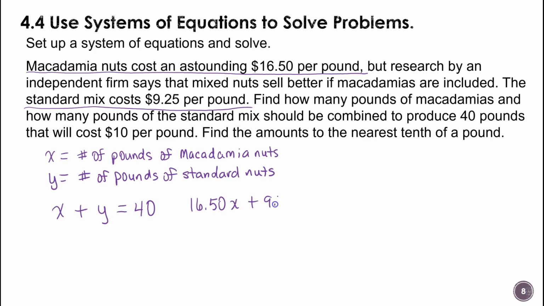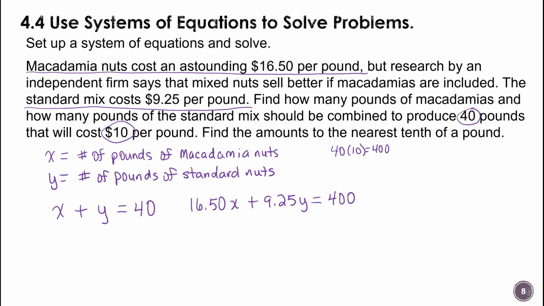And then $9.25 times Y, because that's the number of pounds of the standard nuts. And this one we had to multiply, so we have $10 and 40 pounds. So that would be 40 times 10, and that would be $400, right?